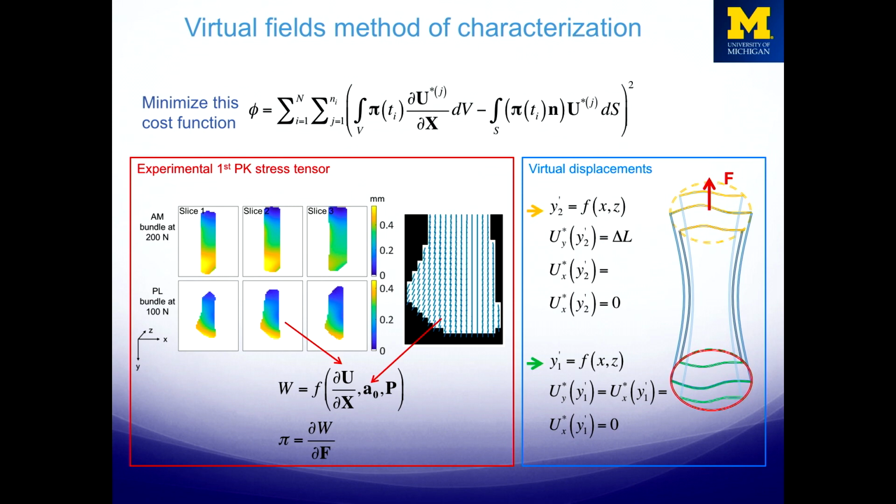So you have the internal work and the work of the external tractions there. Okay. So the stress depends on the strain energy function. The strain energy function, in turn, is a function of the displacements and other material parameters.